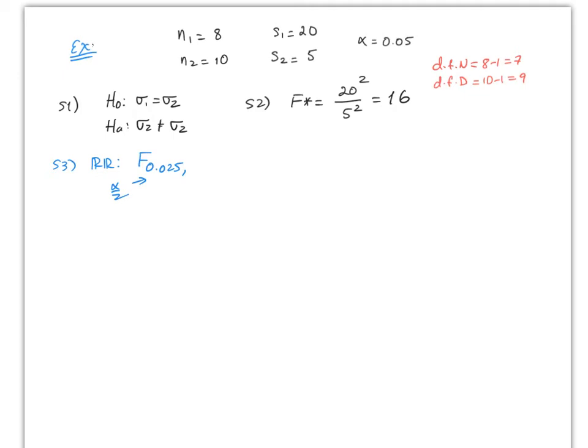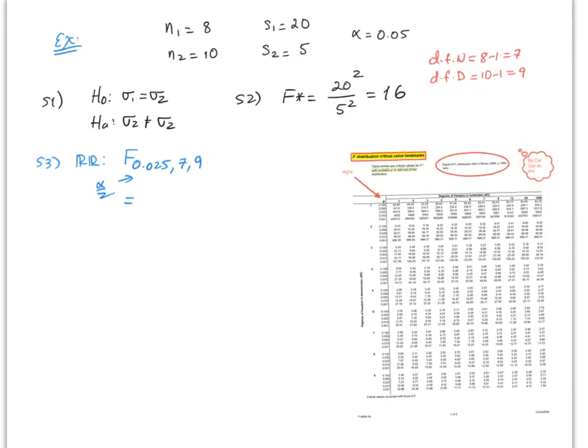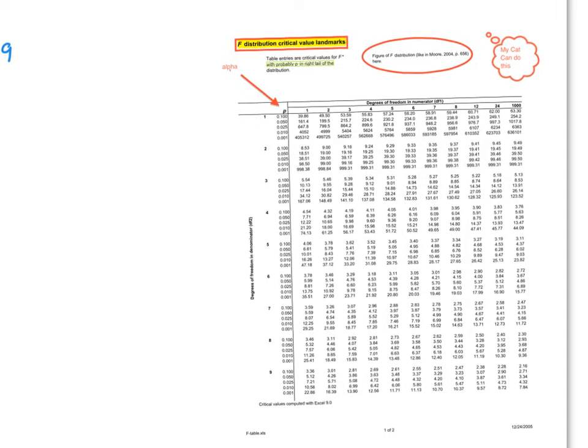The degrees of freedom for the numerator is 7, and the denominator is 9. So if we look at the table, you have 7 for the numerator, which is this one, and then 9 for the denominator, which is all of this. But then you only want 0.025, which will be number 3.